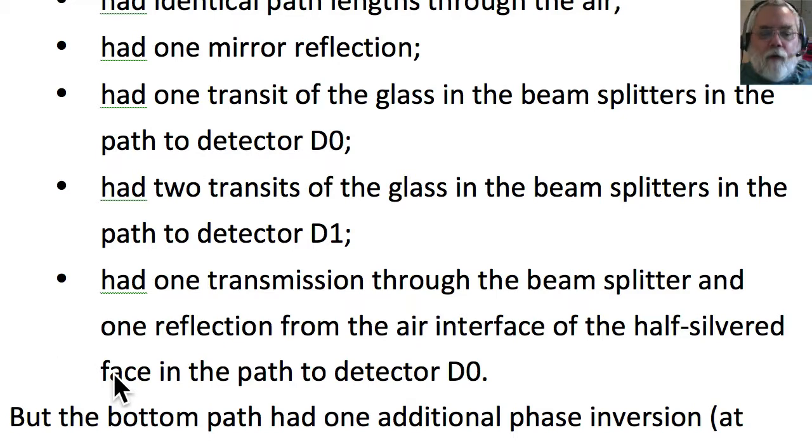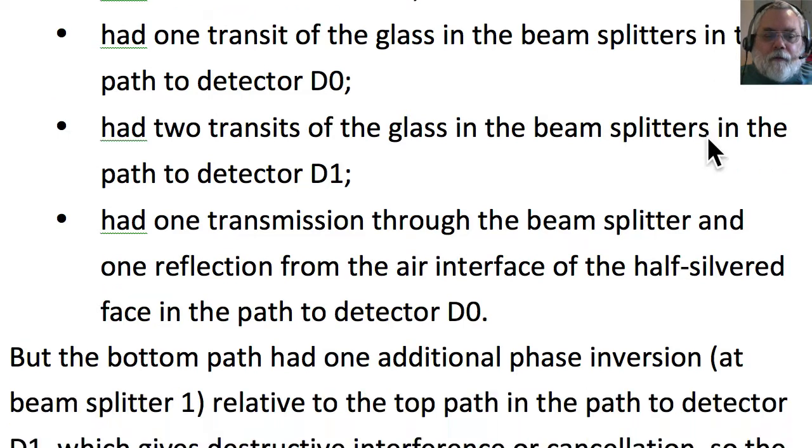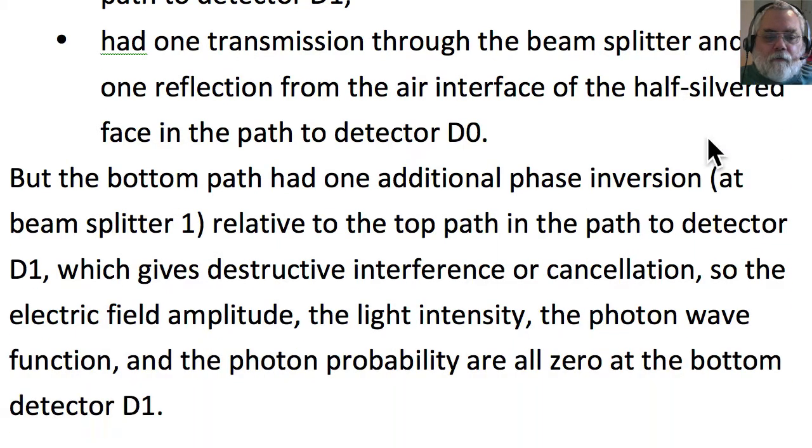However, the bottom path had one additional phase inversion at beam splitter 1 relative to the top path in the path to detector D1, which gives destructive interference or cancellation.